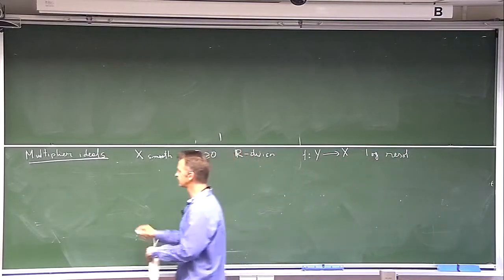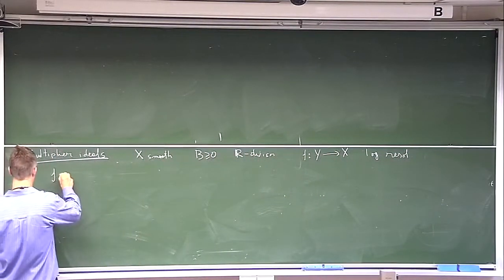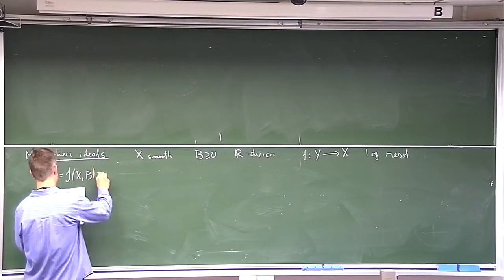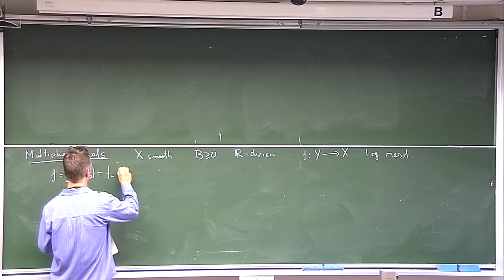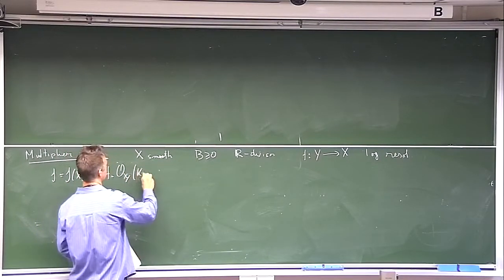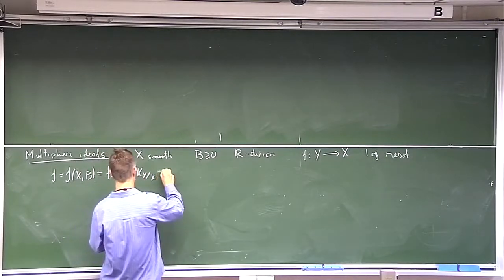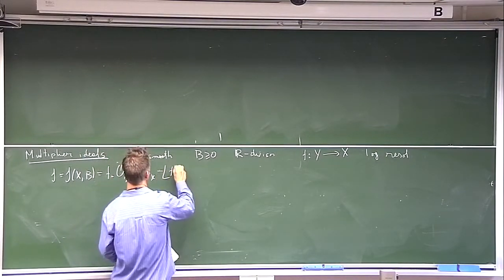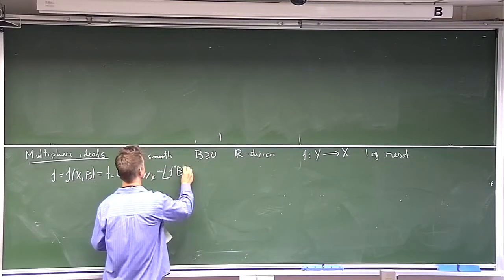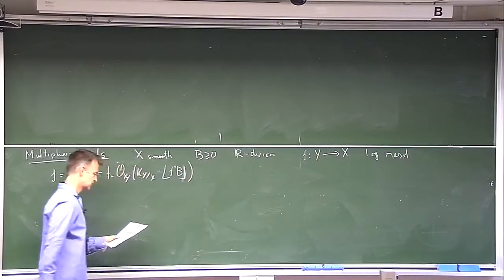Then the multiplier ideal sheaf I, which depends on X and B, is the pushforward of O_Y(K_{Y/X} minus the round down of the pullback of B).